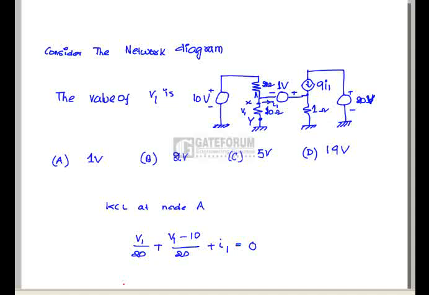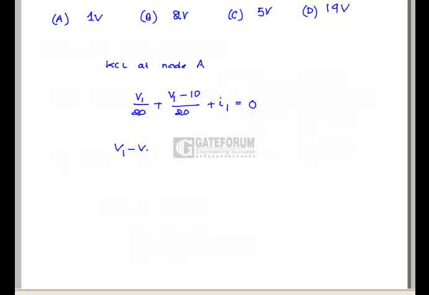Here V1 - V2 = -1 volt. This is equation 1, this is equation 2.